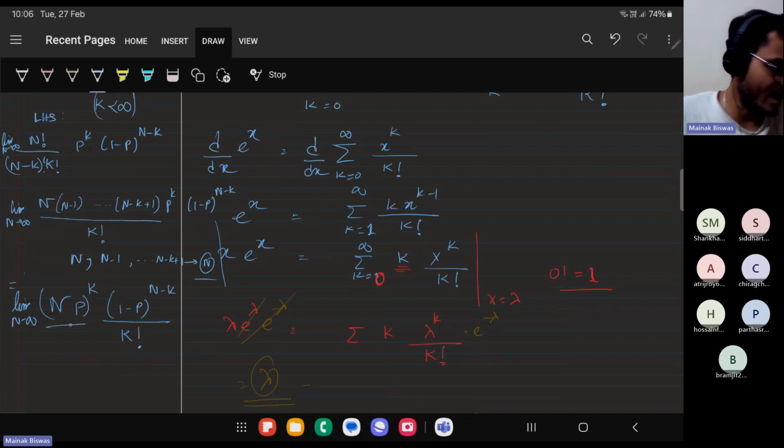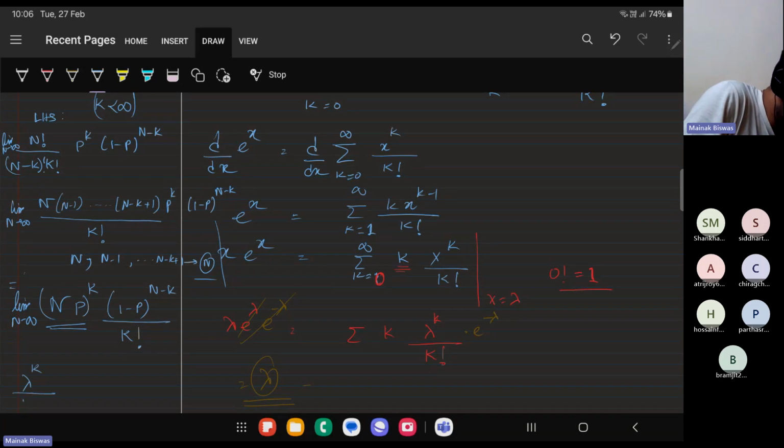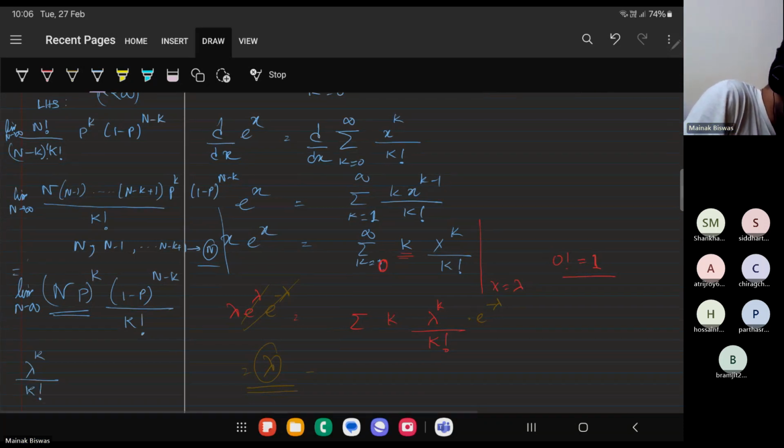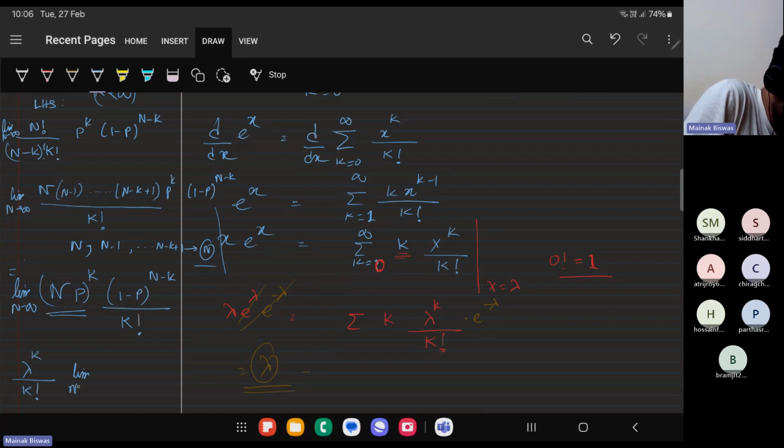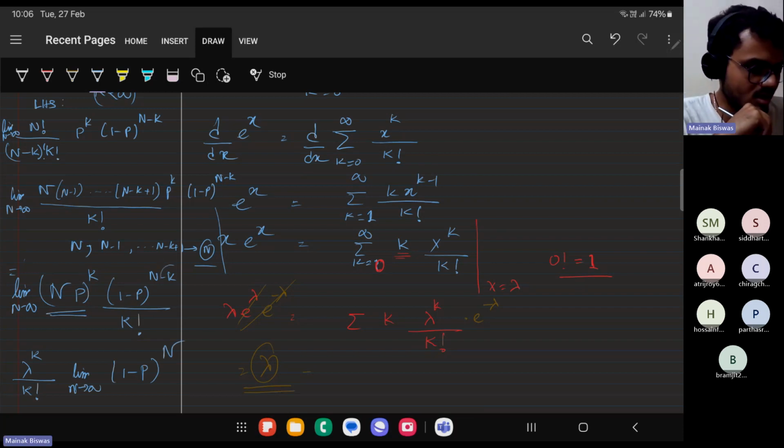Np goes to lambda as n tends to infinity. So I can write lambda to the power k by k factorial, limit n tends to infinity, 1 minus p to the power n. Again, this k I can just ignore.